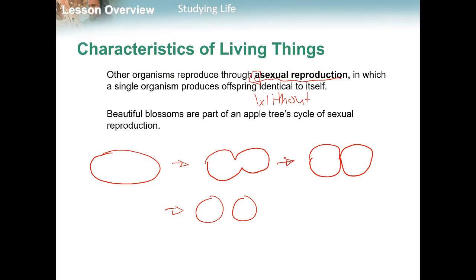That's asexual reproduction. This is called binary fission. The cell didn't need a sperm or anything. It just started to pinch in until it divided into 2. So that is a form of asexual reproduction.